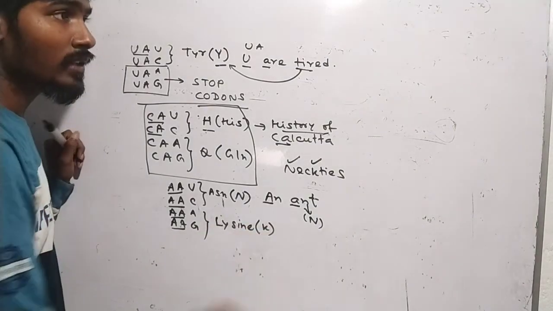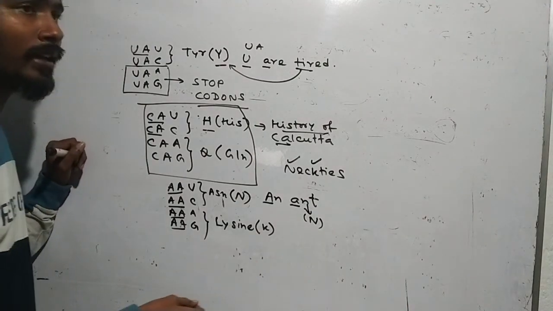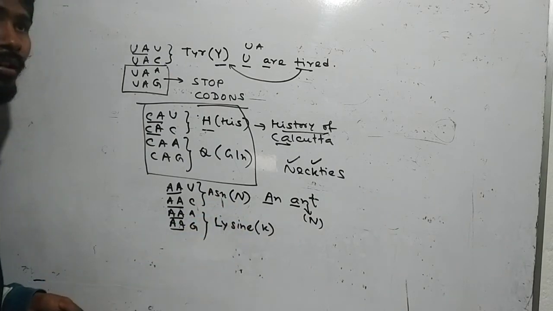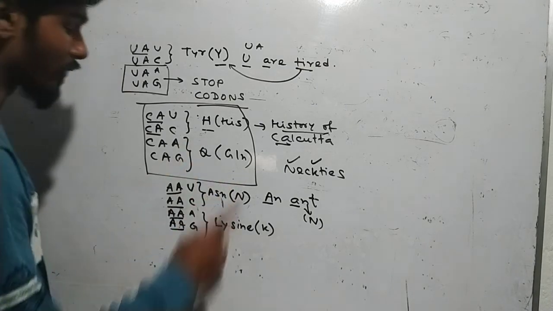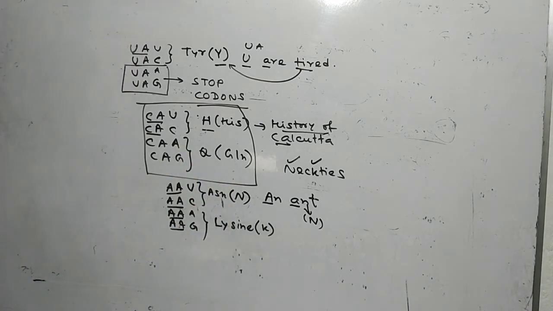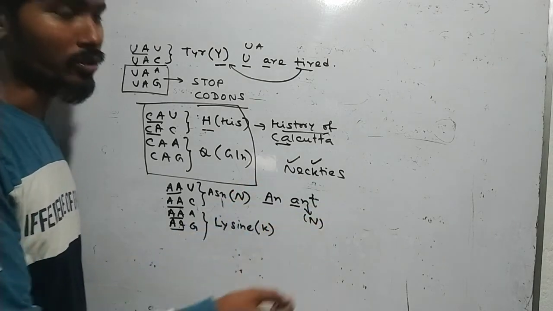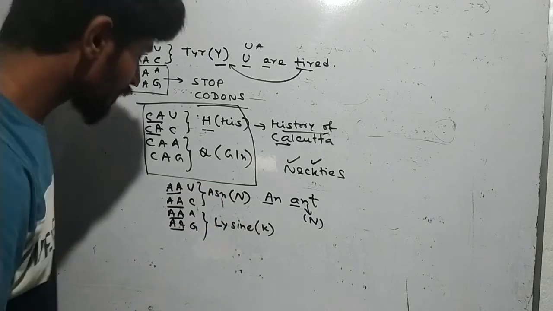We should give something that is closer to it. So K is closer to it. So we are giving it this name, that K. K is the one letter abbreviation of lysine. Because we cannot give M. M is for methionine. So K is the most appropriate.